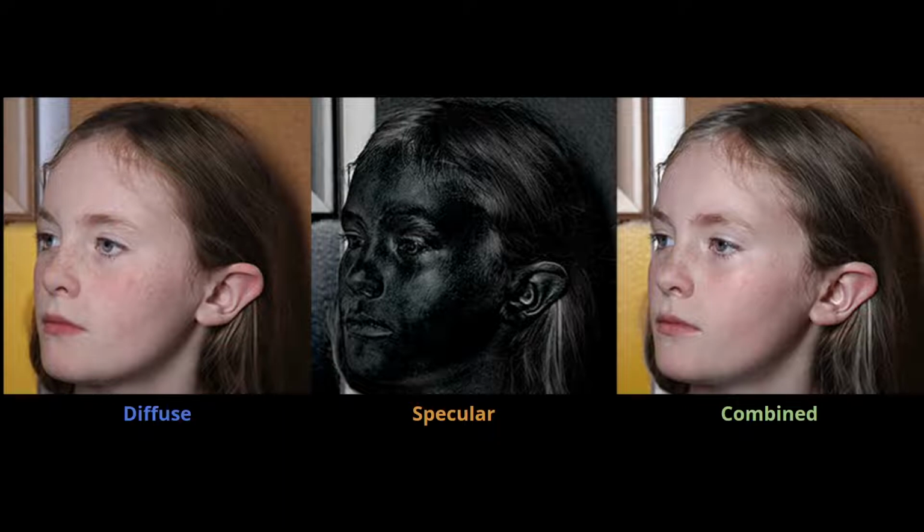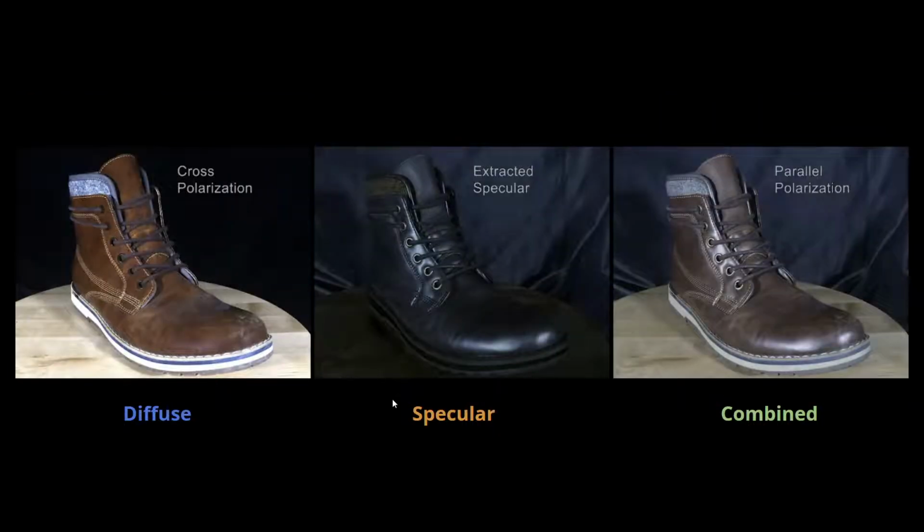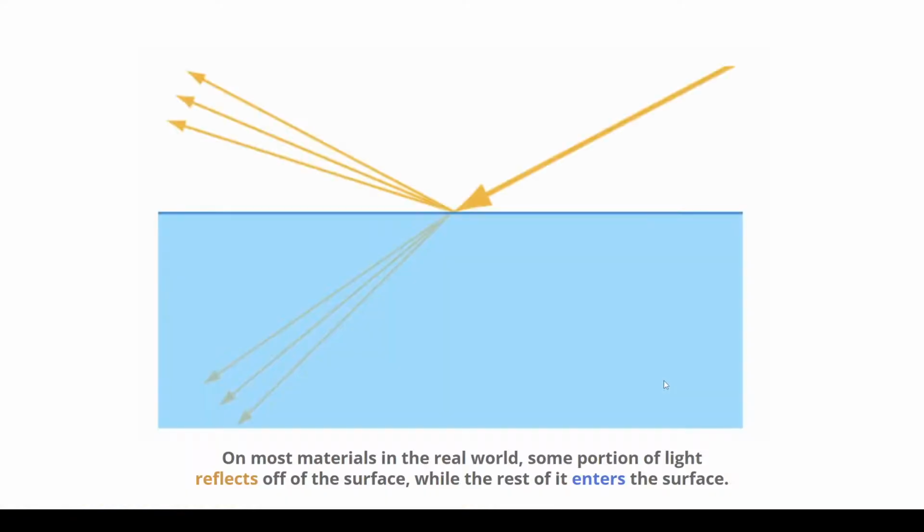Again, going back to that picture of the girl, on the right-hand side we see what a normal picture looks like, and then we see those two material interactions isolated. So specular is the light that is reflected off the surface, and diffuse is light that enters the surface. Here's another example with a boot, and these are using cross-polarization photographic techniques to separate these. On the right-hand side, we see a normal boot photo, and then we have the diffuse, the light that enters the surface, and the light that bounces off, separated out.